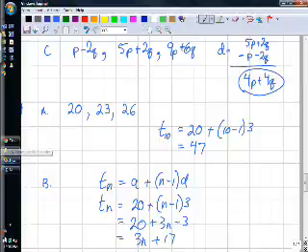Yeah. C, again, C is an ugly one, but we can stick with our training that says to find a common difference, just do a subtraction. This looks scary, but these things do subtract all right.